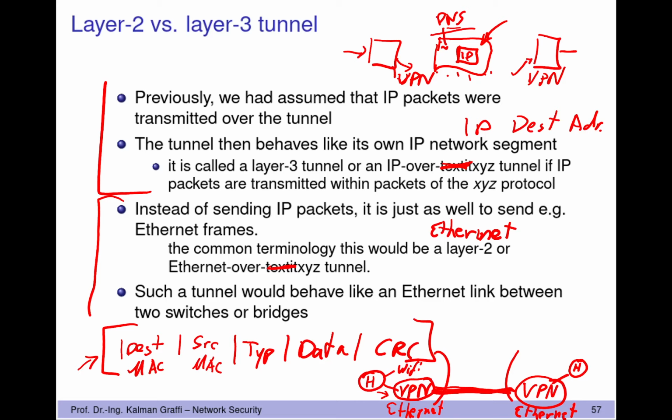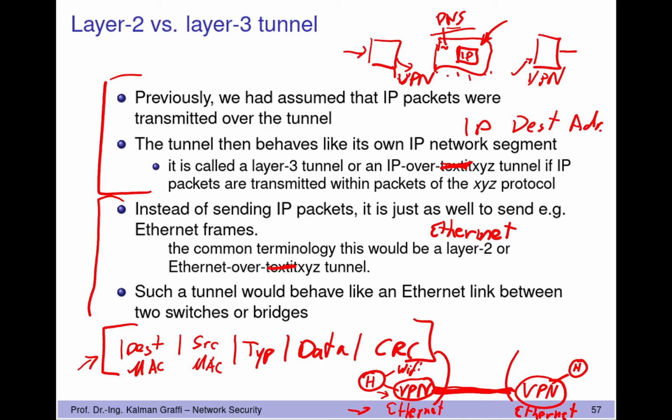Okay, so both have benefits. If you put it in layer 2, then to your network it seems like they are connected in the same network, so you can basically run your layer 2 protocols. You can search for services, you can broadcast address resolution protocol requests: who has this IP address? Please give me the MAC address.